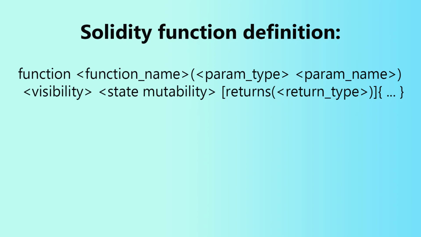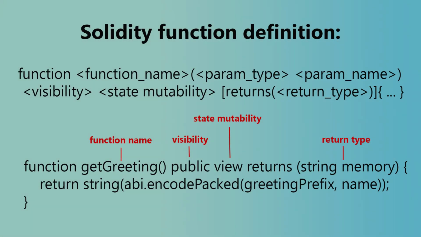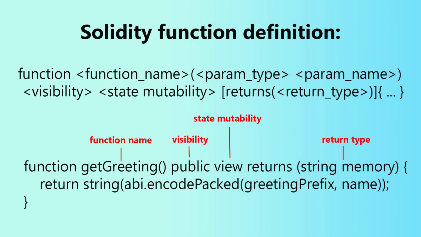All right, now let's take a look at an example and start to map some of these items to our example code. So here's our getGreeting function from the Smart Contracts 101 video. You can see, first off, we have the function keyword, followed by the function name. This function doesn't take any arguments, so our parentheses are empty. Then we have our visibility specifier, public, and our state mutability modifier, which is view, and again, we'll go over what this means in a second, followed by our return type.